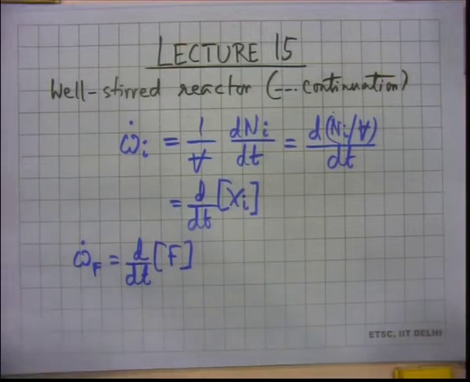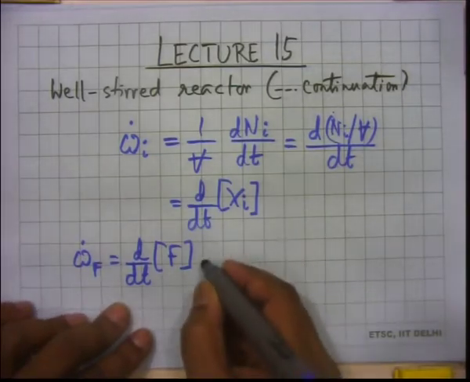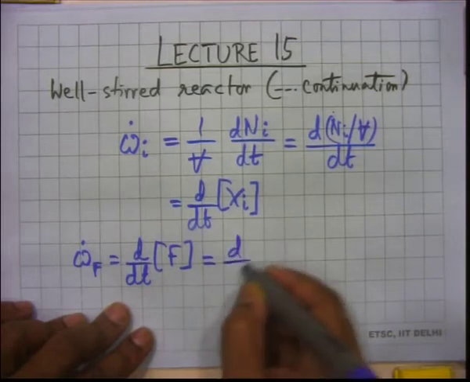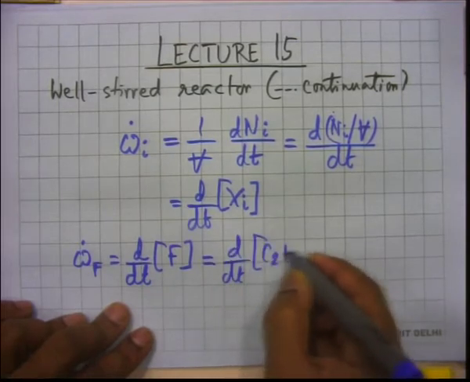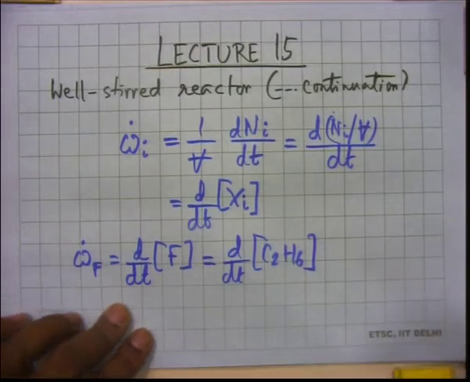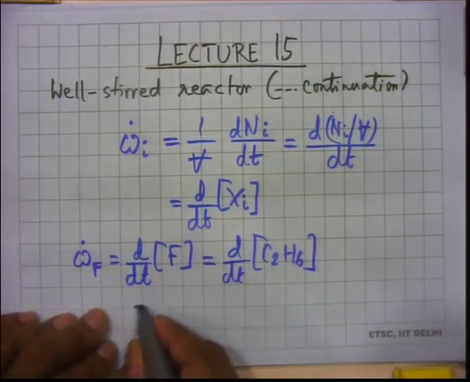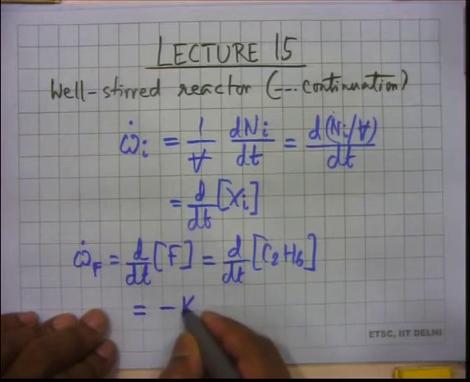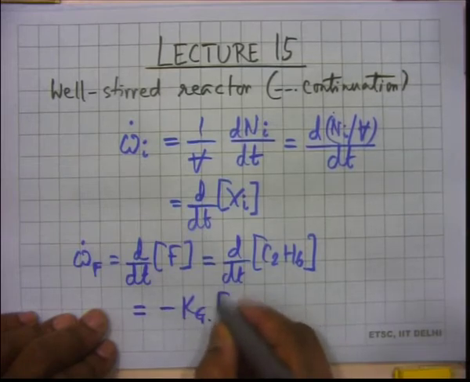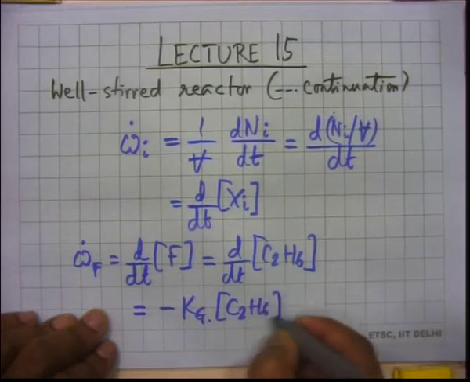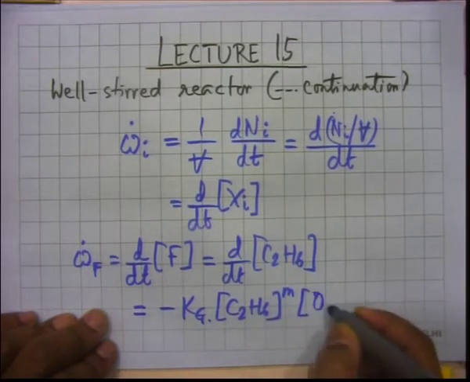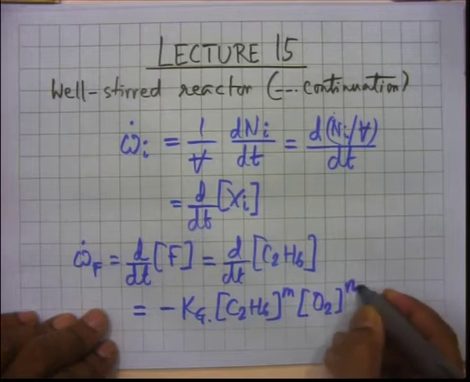We are proposing to use a single step model for all this, and we want to bring in the single step model here so that we are able to write d dt of concentration of F. Now, d dt of concentration of F in our context means d dt of concentration of C2H6 quite obviously, and that is equal to minus Kg into C2H6 to the power m and O2 oxygen to the power n.